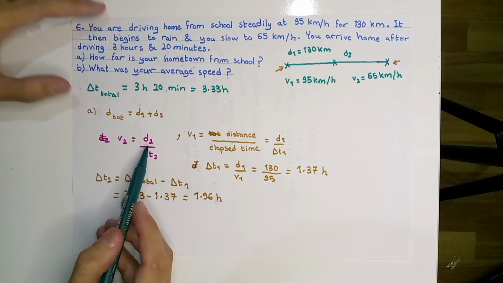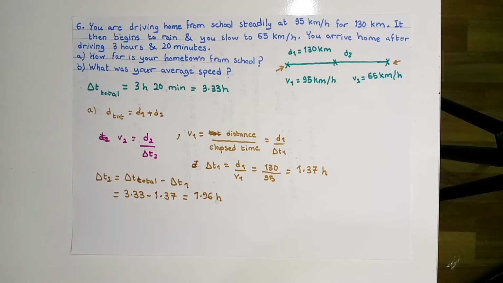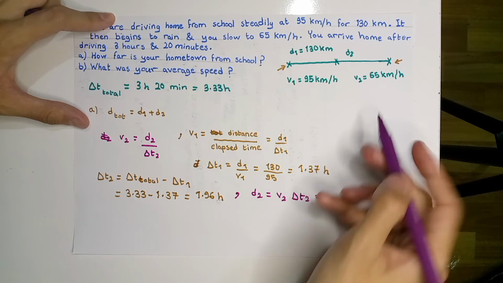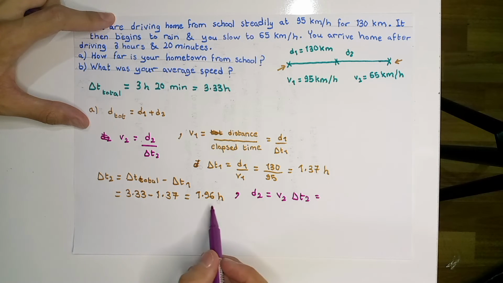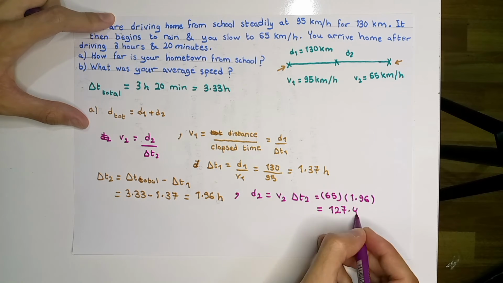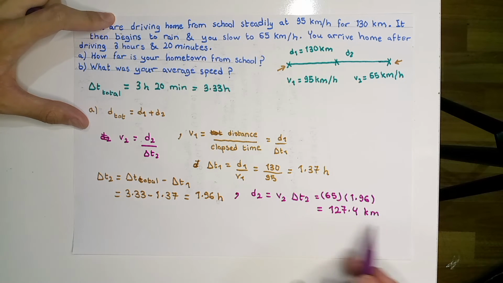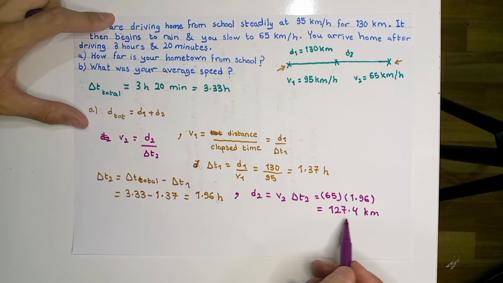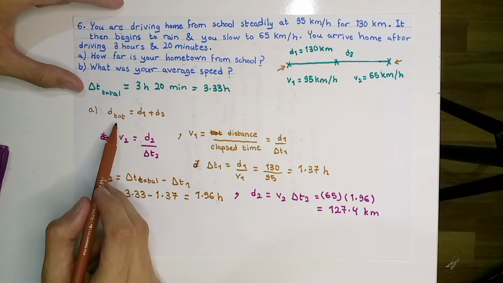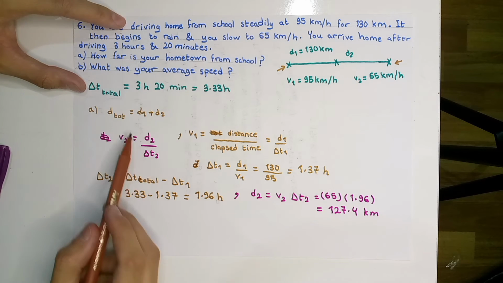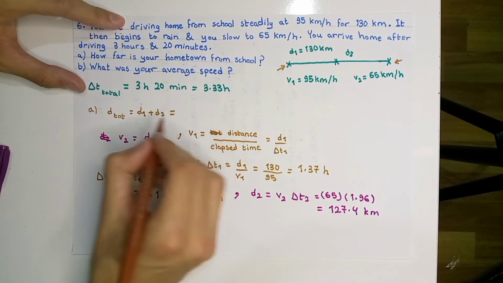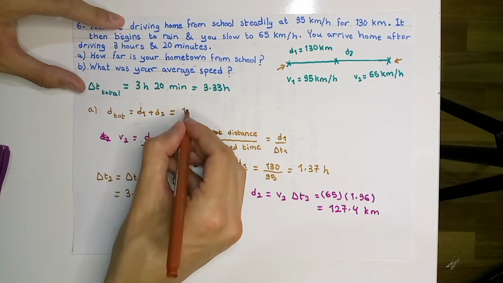Now we can find D2 from this equation that I had written before. V2 is equal to 65 and delta T2 is equal to 1.69. The result of the multiplication is 172.4 kilometers. Now we can directly find the total distance between your hometown and school by assigning the values of D1 and D2 respectively to this equation.